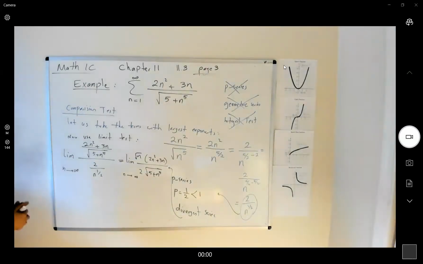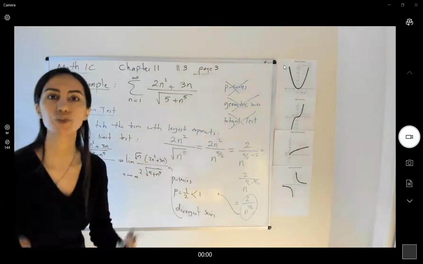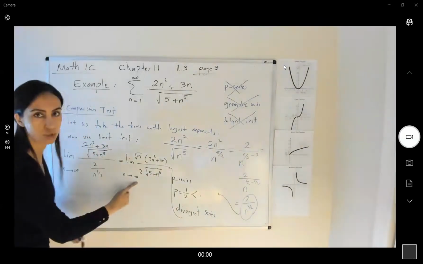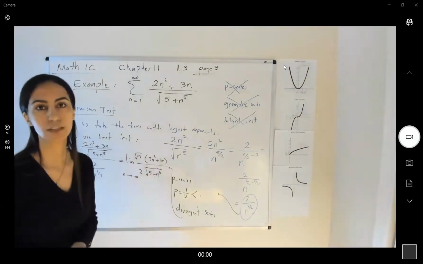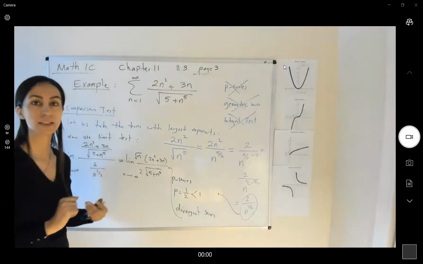Okay. So intuitively, since n goes to infinity, we're working with the terms with the largest exponents.